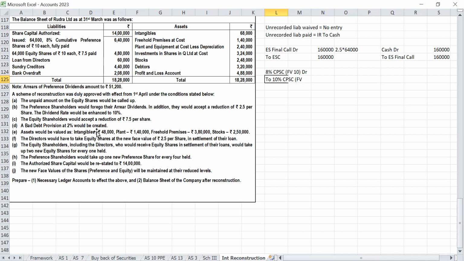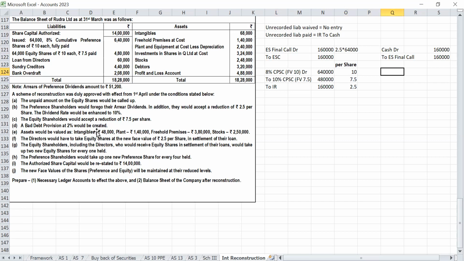Face value how much? 7.5. Super, 7.5. Reduction? 2.5 per share. Entry will be 10, 7.5, 2.5. Total how many shares? 64,000.